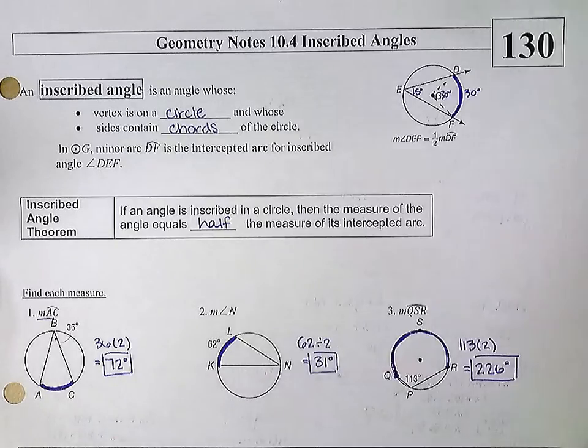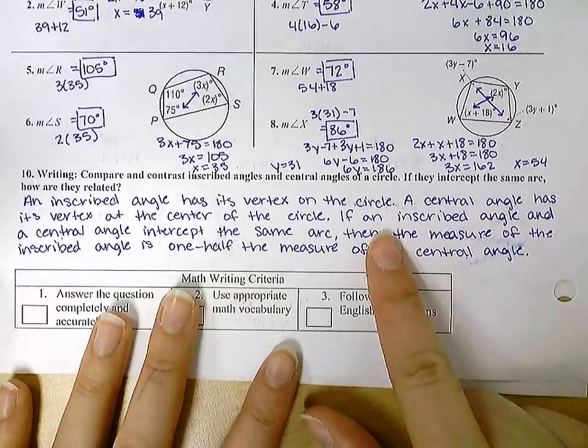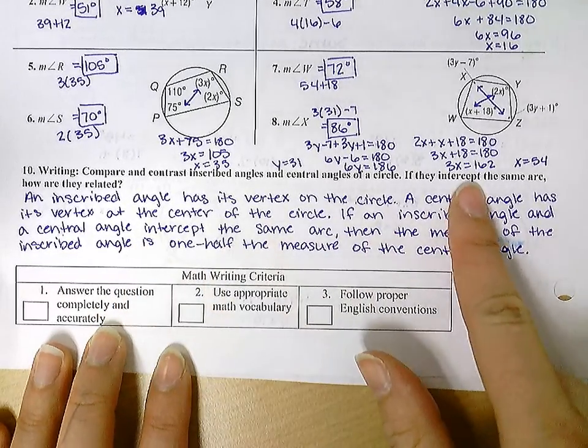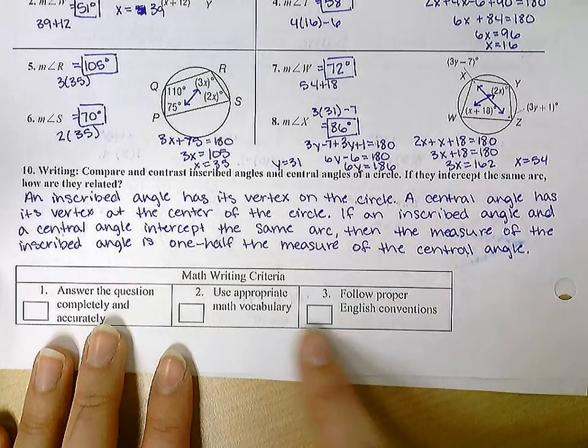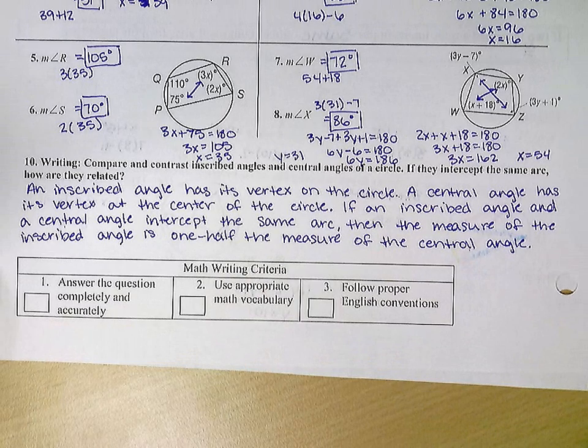So that's all you would have to write for that second part there. If an inscribed angle and the central angle intercept the same arc, then the measure of the inscribed angle is going to be 1/2 the measure of the central angle. Okay, so you could have also said the opposite. You could have said the central angle will be double the inscribed angle. That's if they intercept that same arc.